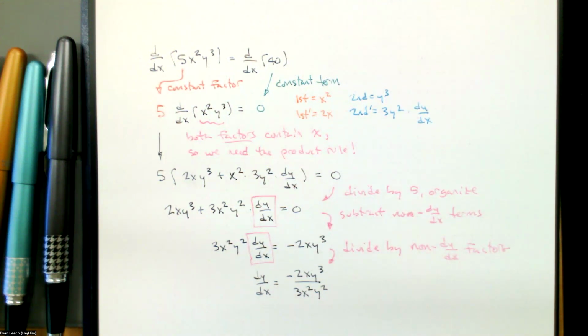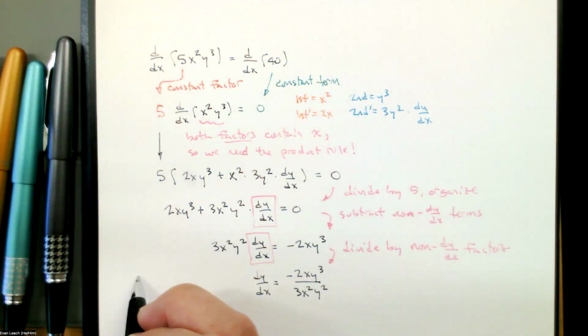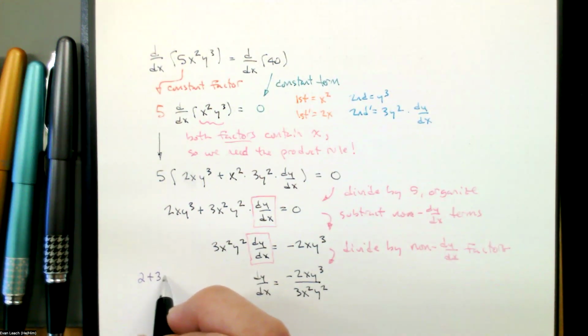That's not new. I haven't done calculus for a while. Once I finish writing the derivatives of both sides, even though I keep saying dy dx, that's just the thing that I'm looking for. We subtract the non-dy dx terms, divide by the non-dy dx factors. This is exactly the same thing you would have done if I asked you to solve the equation 2 plus 3t is equal to 0. You would subtract the non-t terms and then divide by the non-t factors.